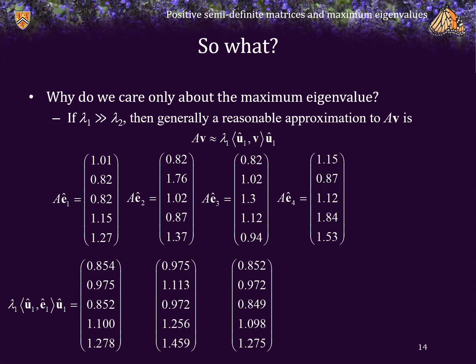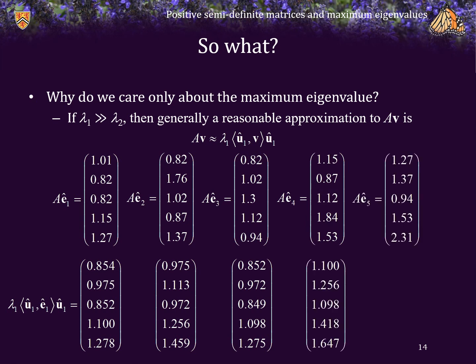We can do that with the fourth canonical basis vector and the fifth canonical basis vector. And in each case, we see that this is not a bad approximation. So in many situations in engineering, we're looking only for a reasonable approximation that can be quickly calculated.